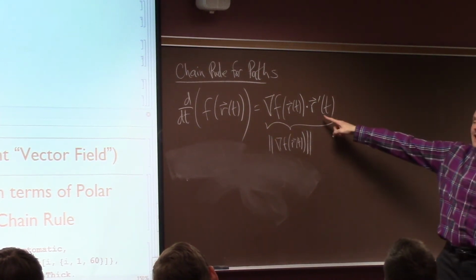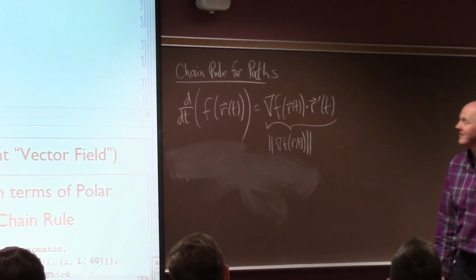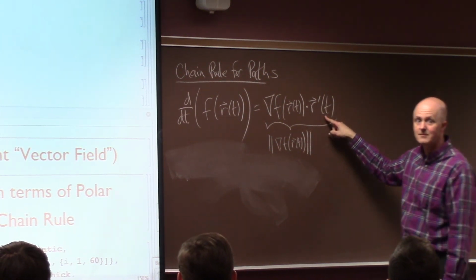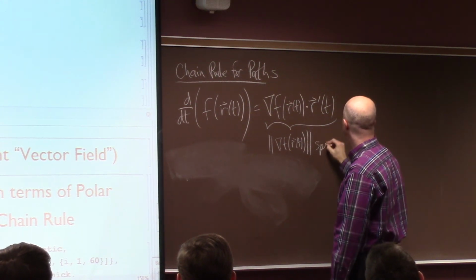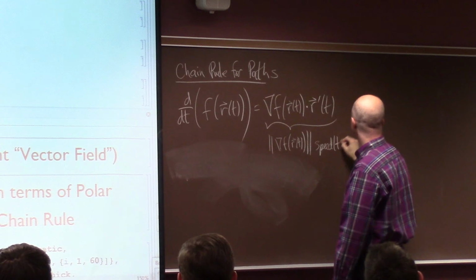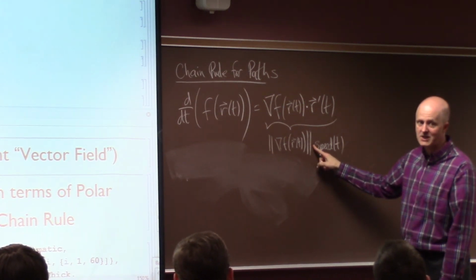What did we call the length of that vector before? The speed. That's the velocity vector for the motion. I'll go ahead and write speed of t. If I put a dot in here, it would represent regular multiplication, not dot product.